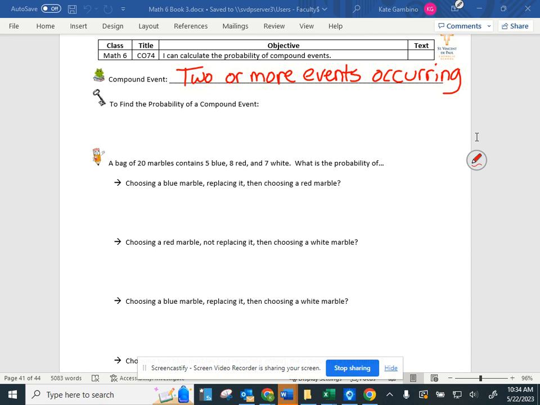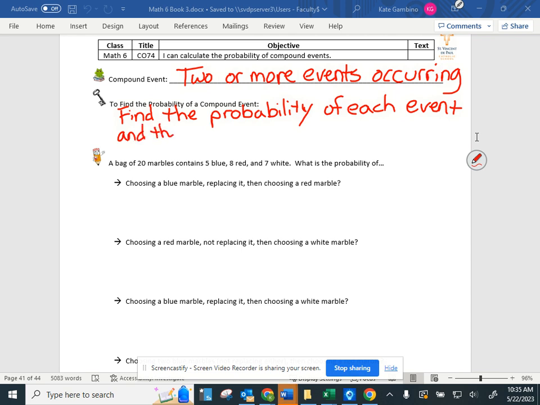So to find the probability of a compound event, you want to find the probability of each event and then multiply them together.